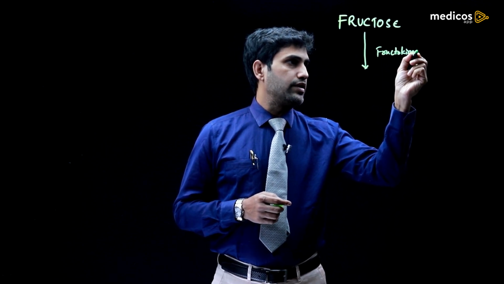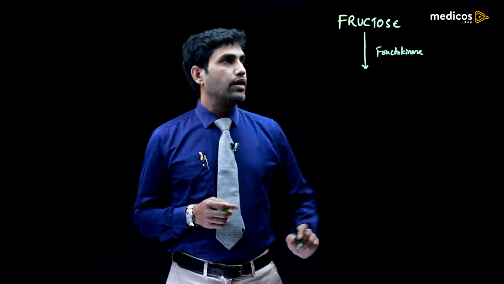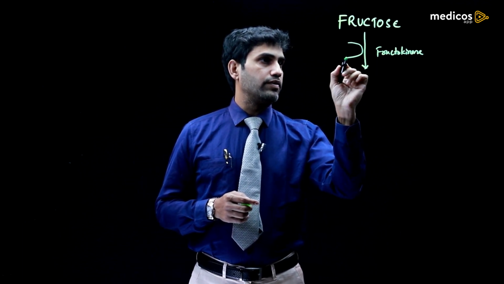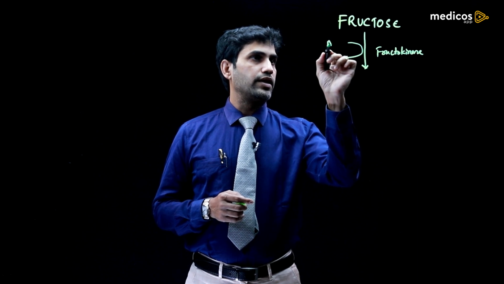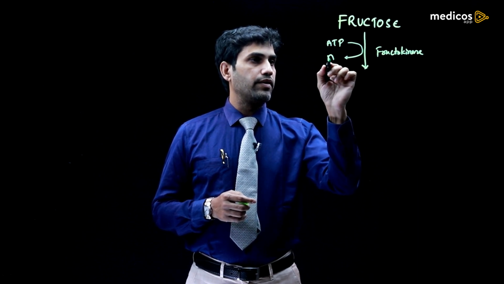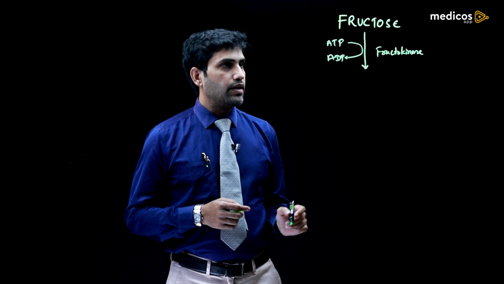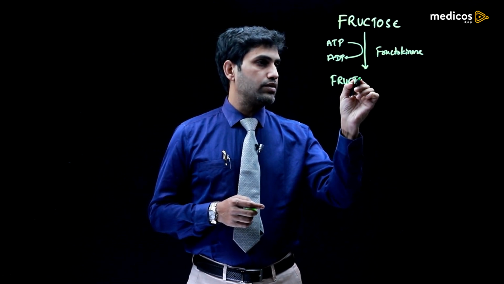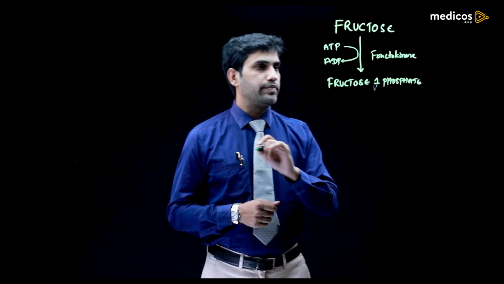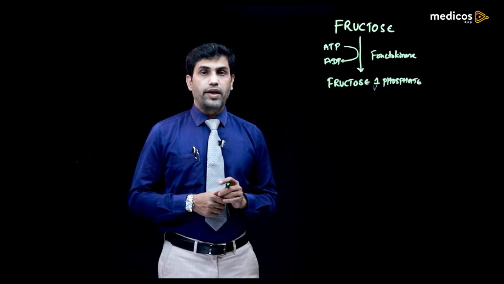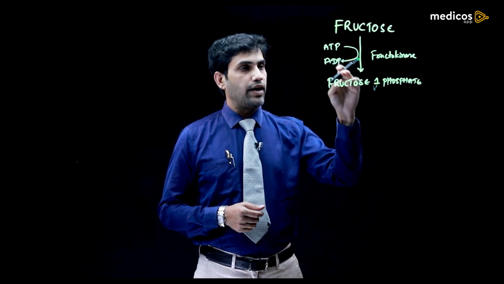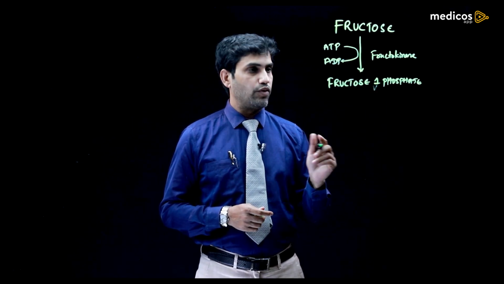This fructokinase will add a phosphate group to fructose utilizing ATP and convert it into fructose phosphate. Okay, now fructose takes one phosphate and forms fructose 1-phosphate.